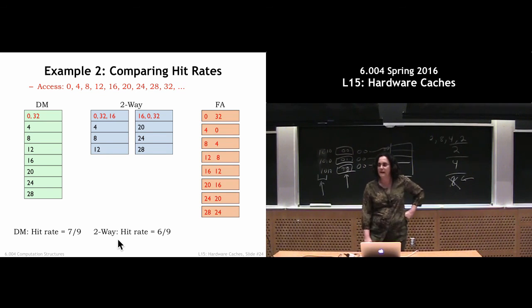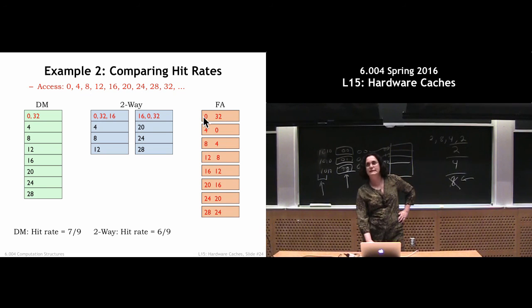Now let's take a look at what happens in our fully associative cache. This is kind of the worst case scenario, because while we have the most flexibility in that our addresses can go into any one of these locations, if we're using a least recently used algorithm for replacement, what's going to happen is we're going to start filling in from 0 to 28. We now get to 32.